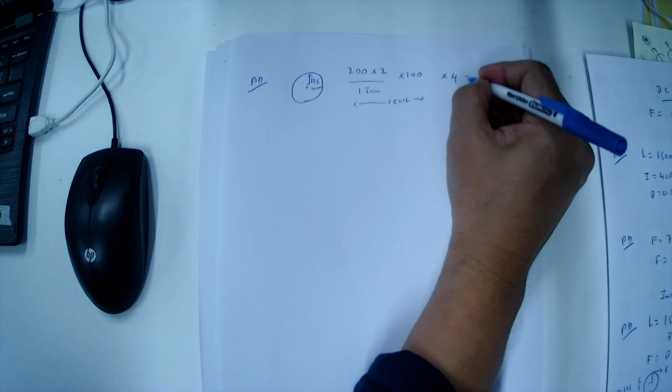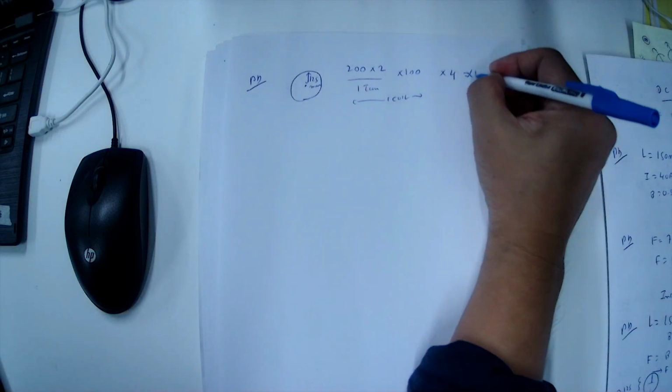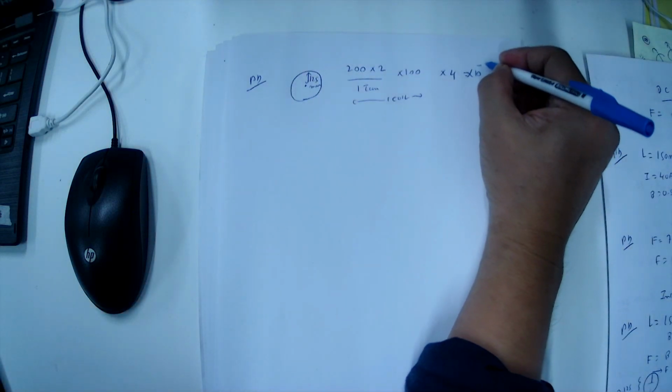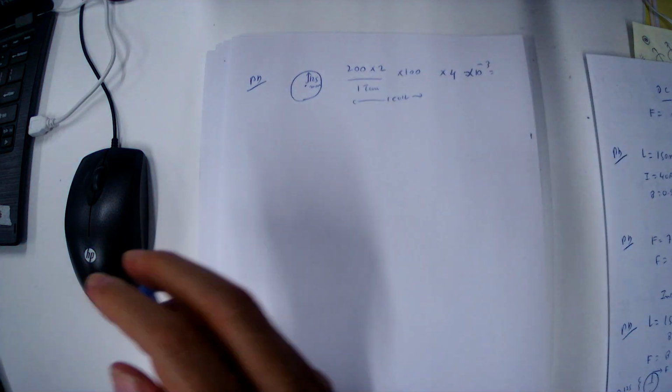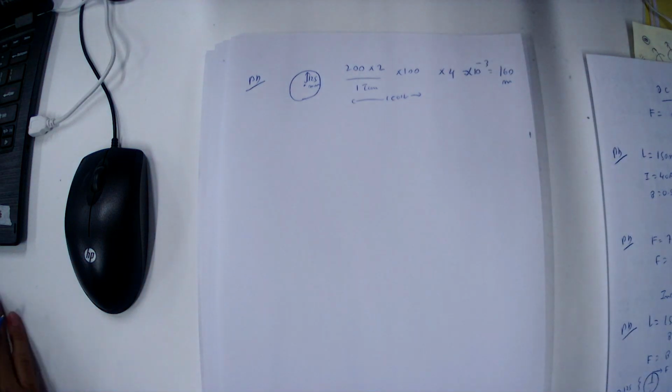Therefore we can calculate the total length of the armature conductor as 400 multiplied by 100 multiplied by 4. We also need to convert to meter, so multiply by 10 power minus 3. Here we get 160 meter. This is the length of the conductor we calculated.